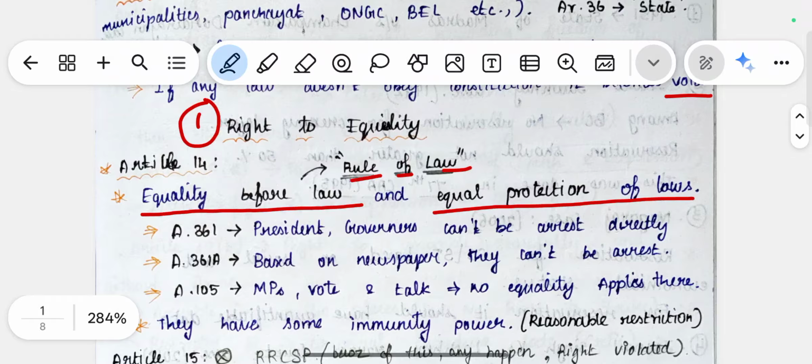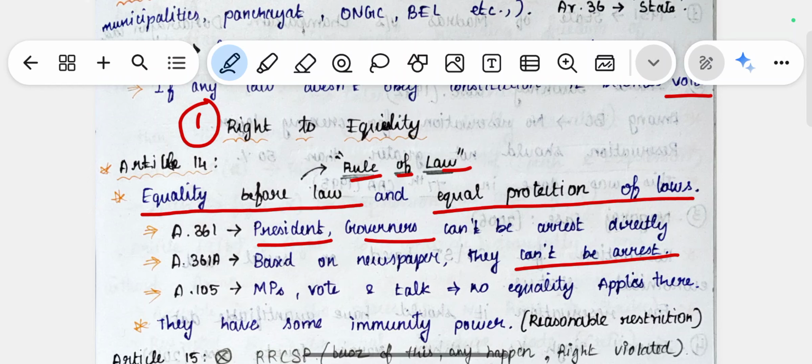In some other cases, this doesn't apply. For example, the president or governor cannot be arrested directly. Likewise, if any allegations or accusations are made in the newspaper against the president or persons in higher office, they can't be arrested directly. Likewise, there is no restriction on an MP's vote.